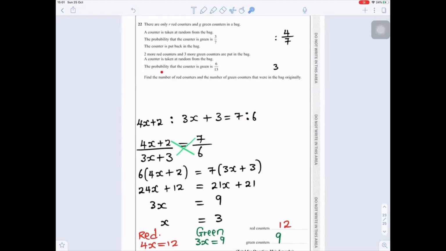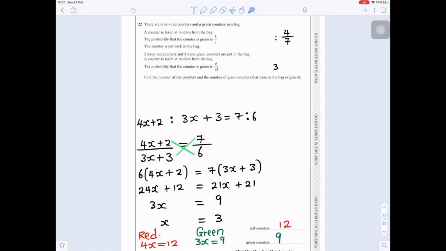So find the number of red counters and the number of green counters that were in the bag originally. So you added 2 more red counters, so 4x plus 2, and added 3 more green counters, 3x plus 3.